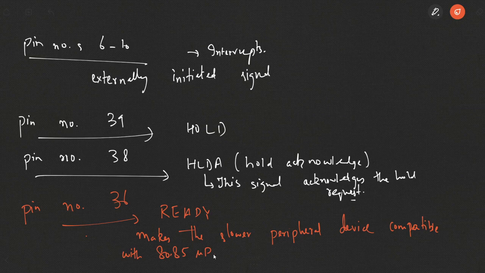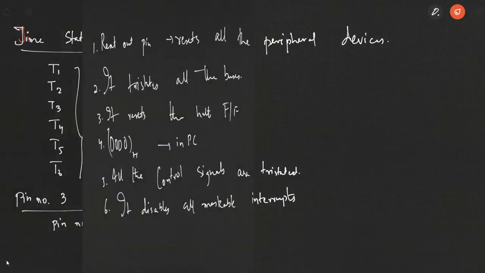Until the ready signal is zero, it indicates that the peripheral device is not yet ready. As soon as the signal becomes one, the peripheral device is ready. Every time, this ready signal is checked in the T2 state of the microprocessor. We'll be doing that again later on. So this pin is used to check the readiness of the peripheral. We are also done with this pin here.